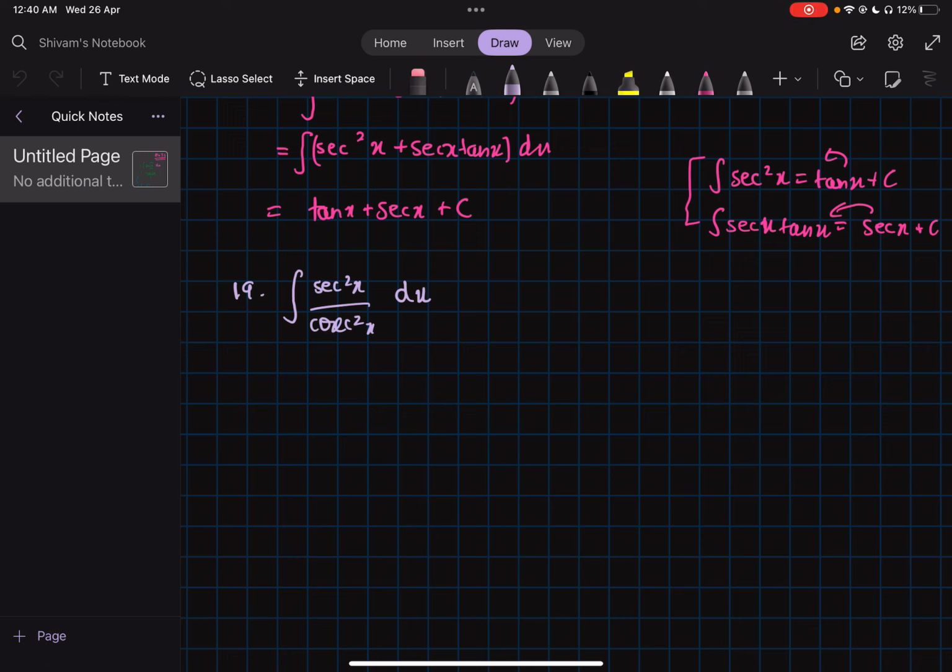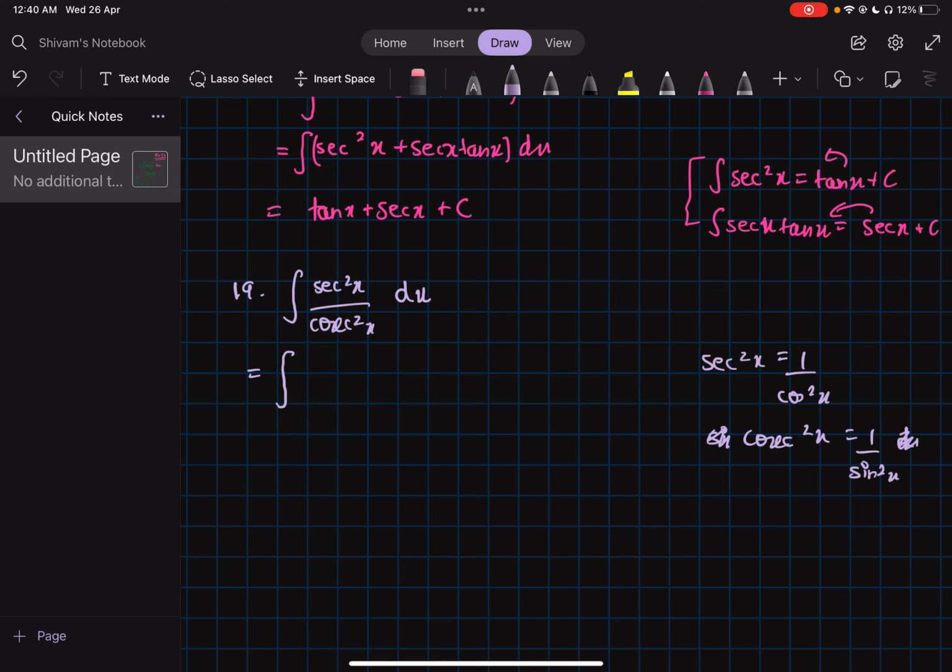So we know that sec square x is 1 over cos square x and cosec square x is 1 over sine square x, right?